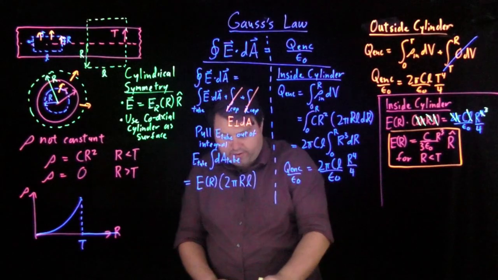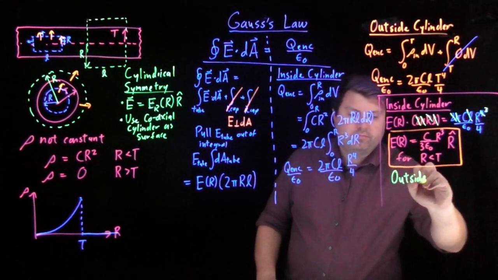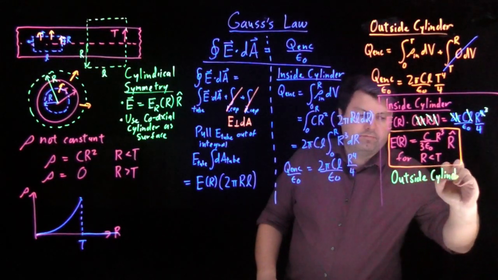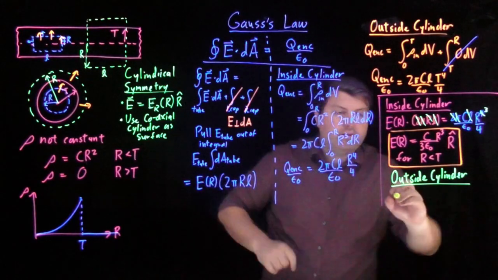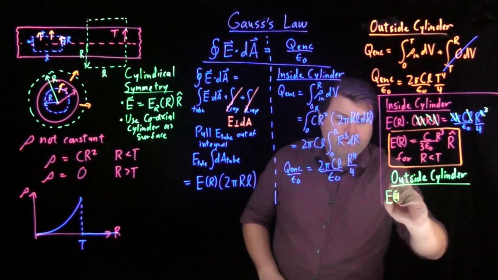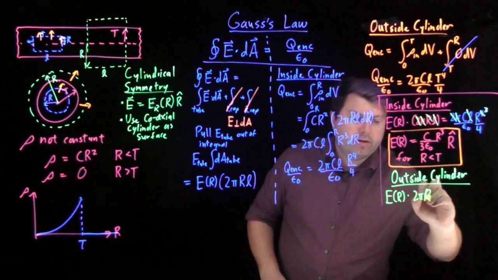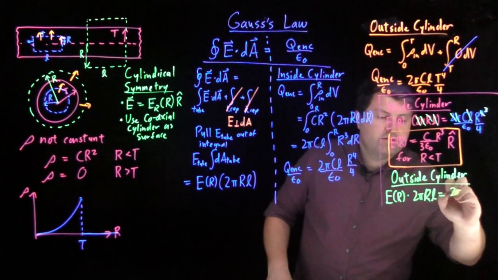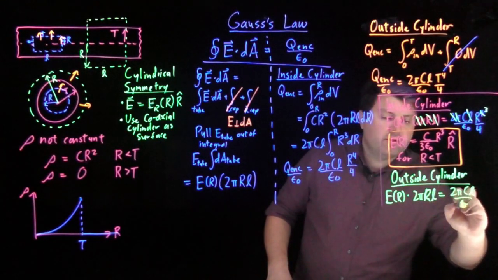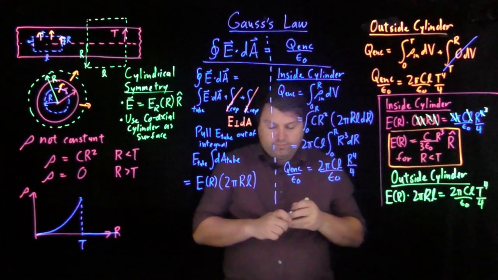Similarly, we can look outside the cylinder. And so we bring our same result from here. E as a function of R times 2 pi R L. And now we have our Q enclosed over epsilon naught is 2 pi C L over epsilon naught t to the fourth over 4.